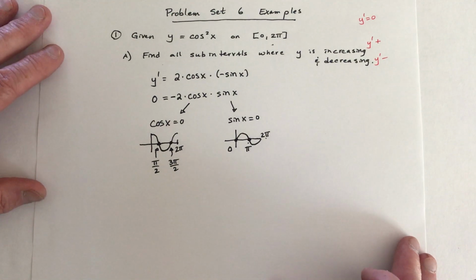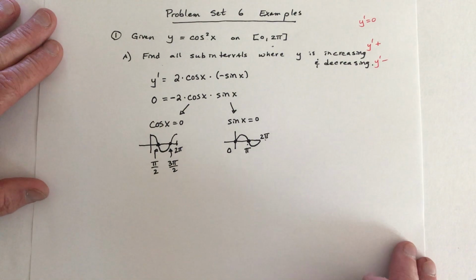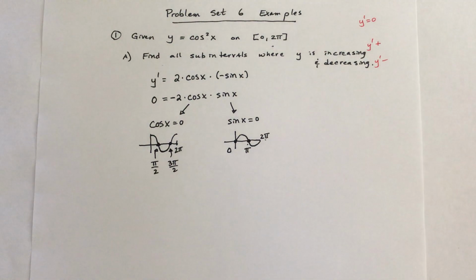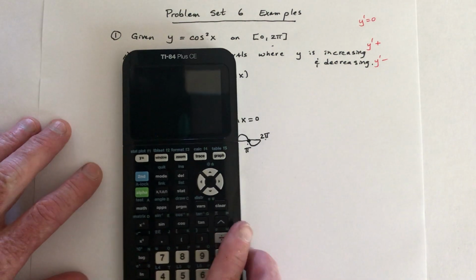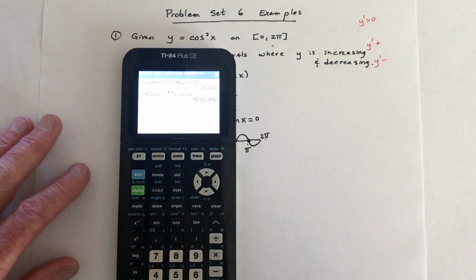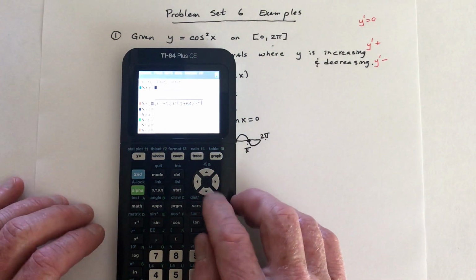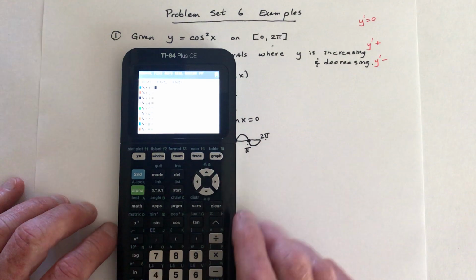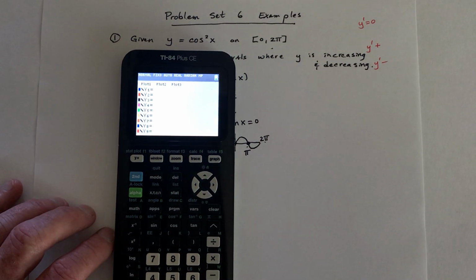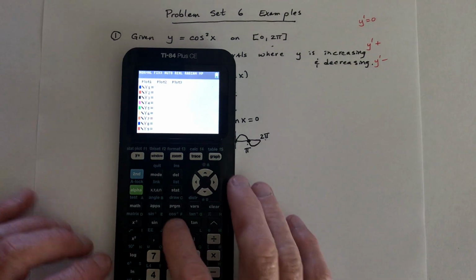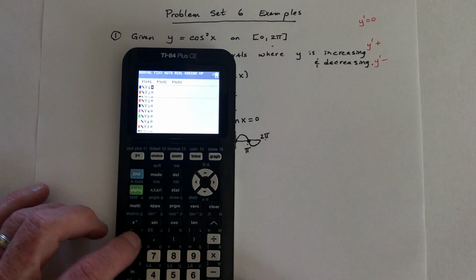Now when is it increasing and when is it decreasing? So at this point, I like to take a look at the graph and make sure that you graph the original function, not the derivative. Let me adjust it. So cosine of x being squared.